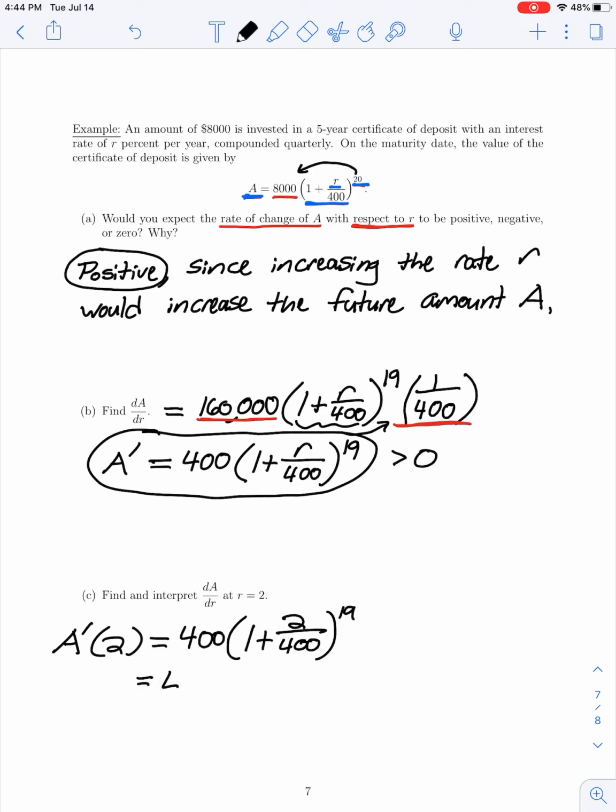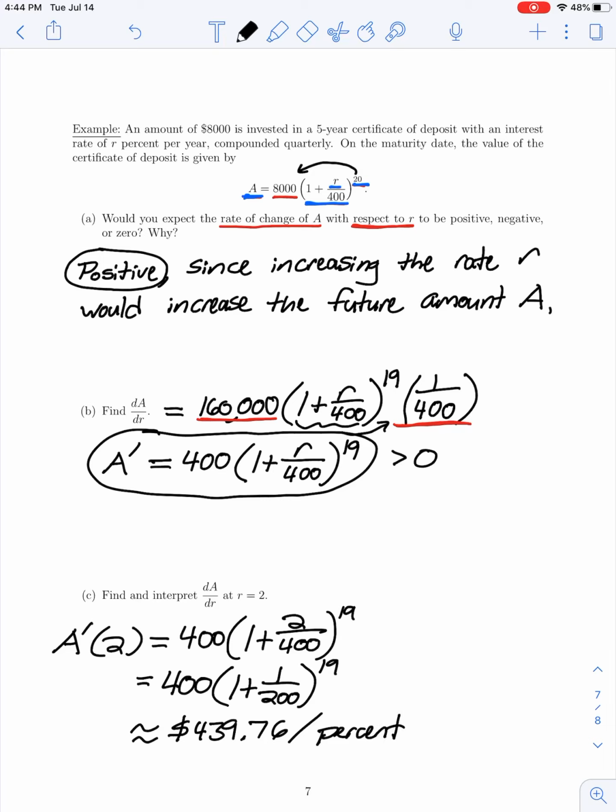Or simplifying a little bit, 400 times 1 plus 2 over 400 is the same as 1 over 200, all being raised to the 19th power. So evaluating this using a calculator, we would have approximately $439.76. Now we're taking a derivative, so this would be the future amount per change in r, which was a percent.